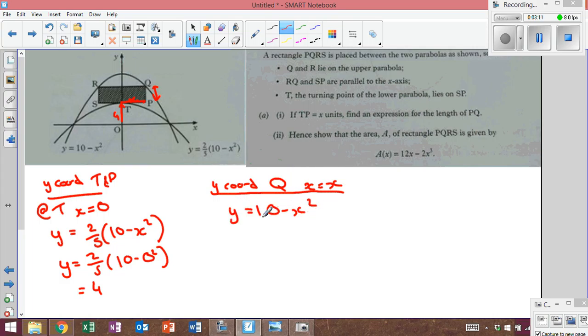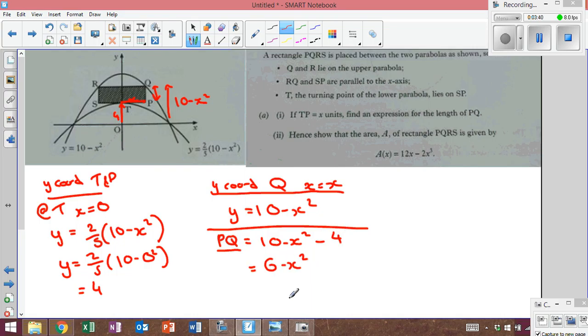And we can replace x with x, so that's your expression for the y coordinate of Q. So the whole height from the x-axis up at the point Q is 10 minus x squared, but we know up to P is 4, so the length PQ is equal to the whole height, which is 10 minus x squared, subtract the 4 that's underneath, so it's 6 minus x squared.